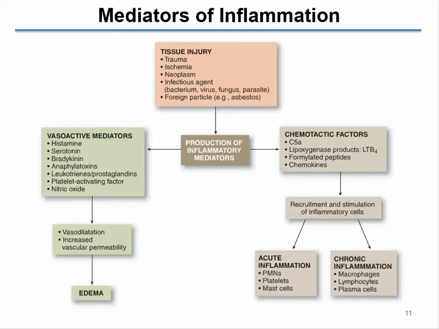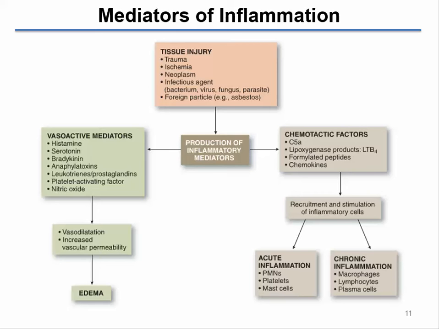So what's going on here? The tissue gets injured, and it can be injured by any one of a bunch of things: by trauma, by ischemia, by neoplasm, dysplasia, things like that, by infectious agents. And this is the one that we will concentrate on.